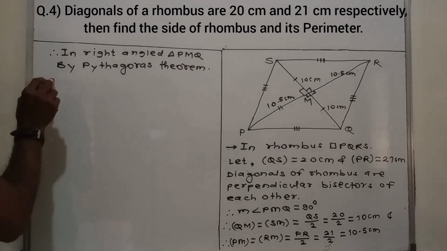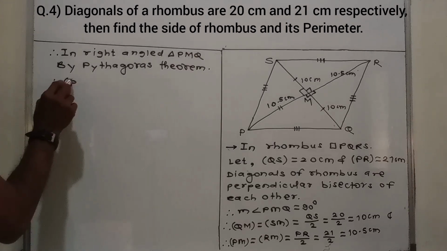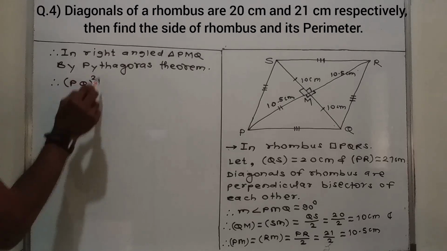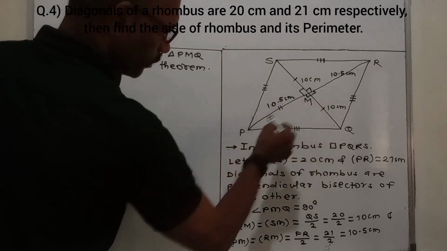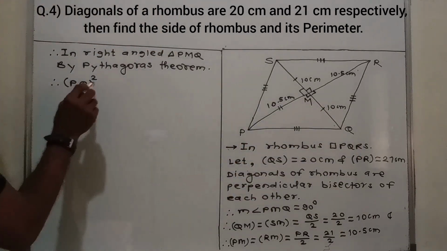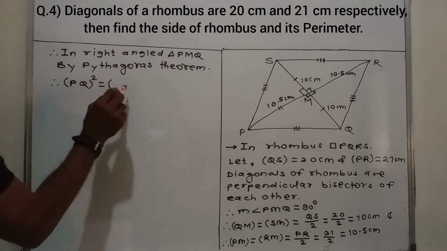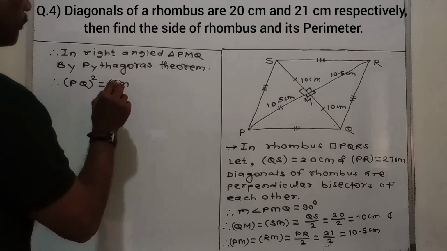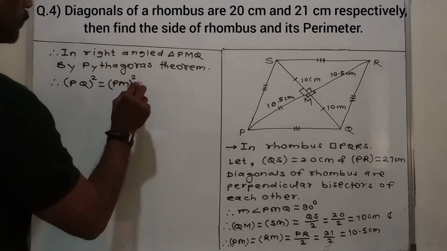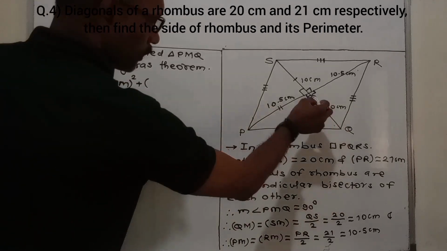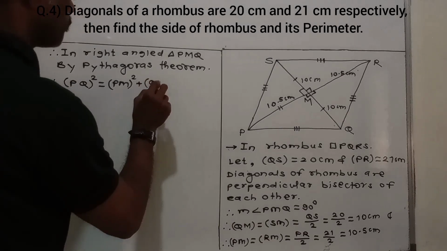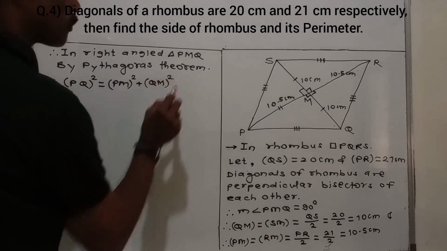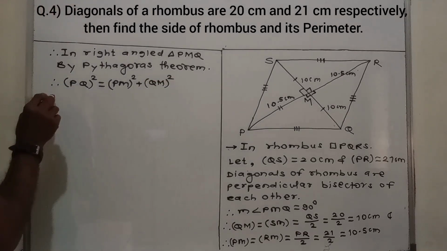What is Pythagoras theorem? Hypotenuse square, this is right angle, so this is hypotenuse. PQ square is equal to PM square plus QM square. Did you get it?